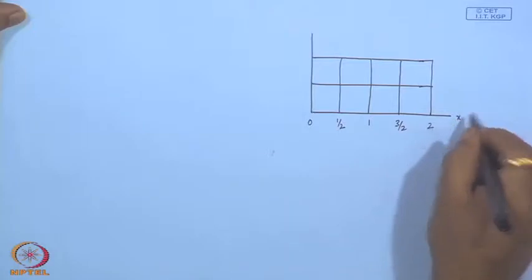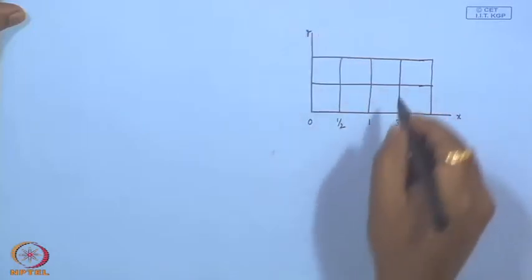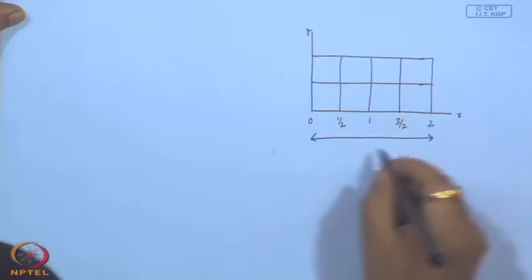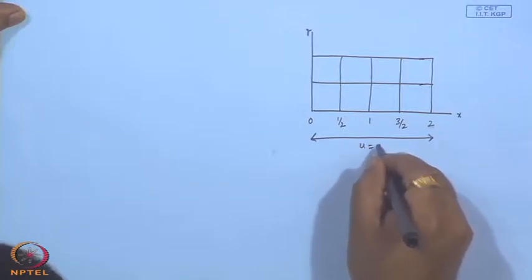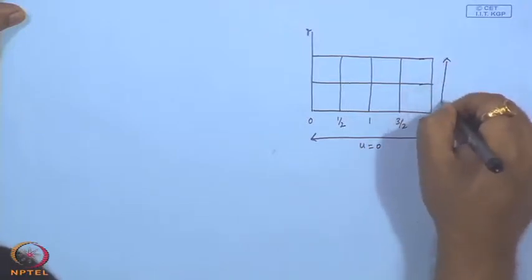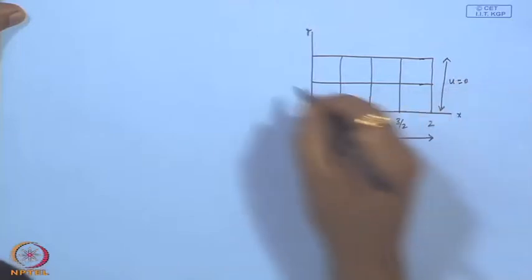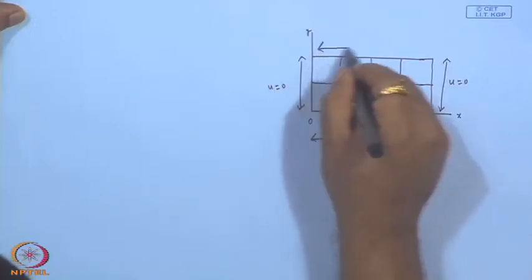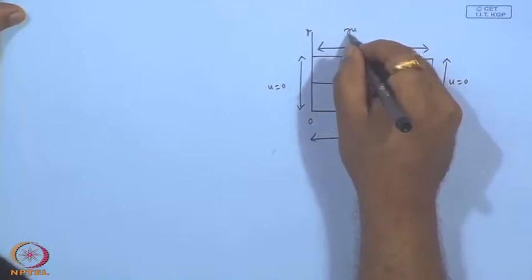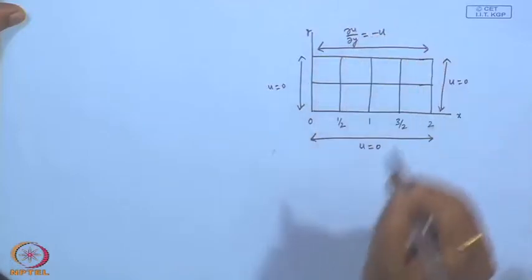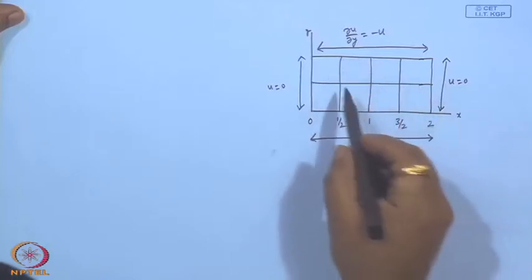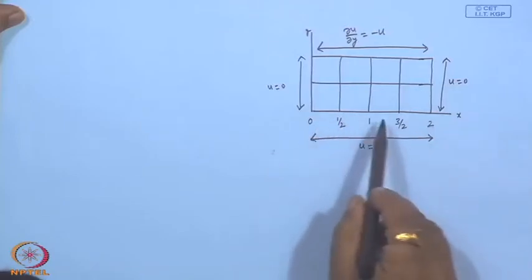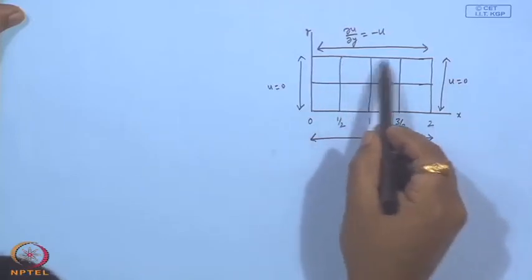So, this is the grid. Accordingly, we have u is 0 here, u is 0 here, and u is 0 on this boundary. Okay. So, in a normal situation, when we have, let us say, Dirichlet data on the entire boundary, then we would be knowing these points as well.